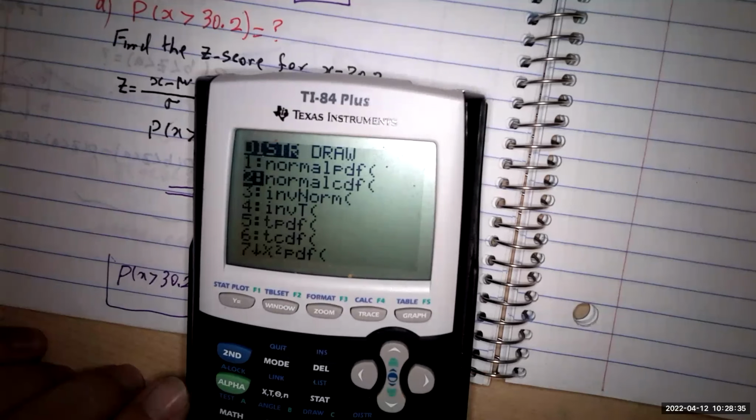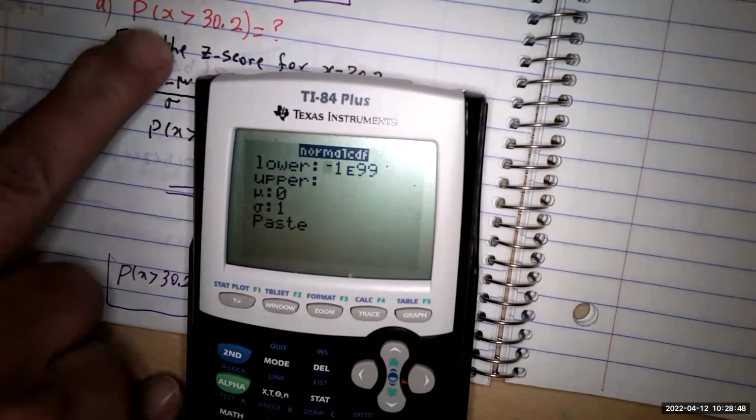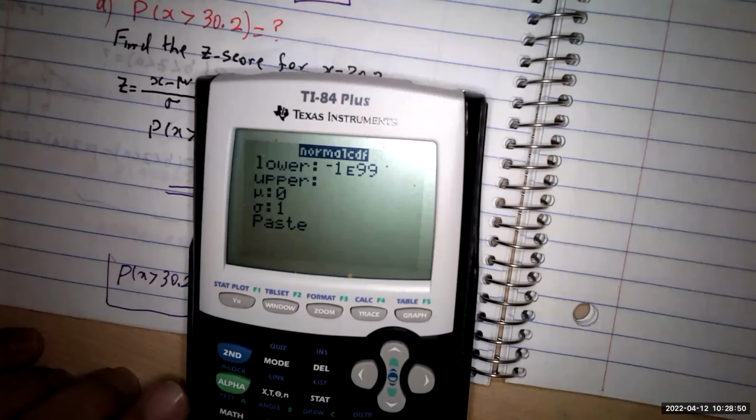That gives you the lower. You see this E99 is just infinity, negative infinity. If you don't have any lower number, you just leave this one. But in this case, you have the lower number, so you are going to use it. You clear, and the lower number is 30.2.